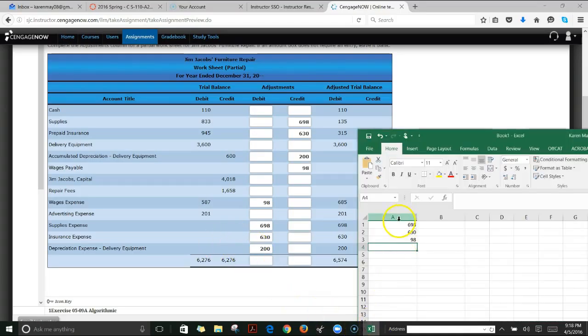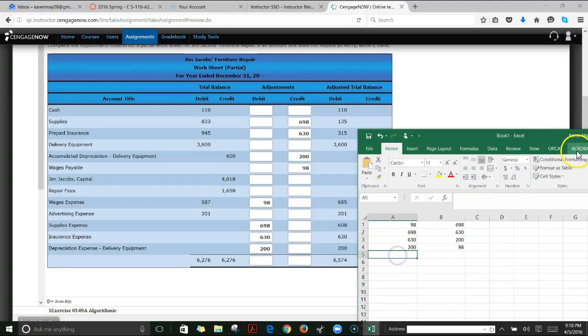Then you want to total those two columns. This is when a spreadsheet comes in handy, because if you have an error, it's a little bit easier to find it on a spreadsheet than on a calculator. So we add in 98, 698, 630, 200. And then on the other side, 698, 630, 298.